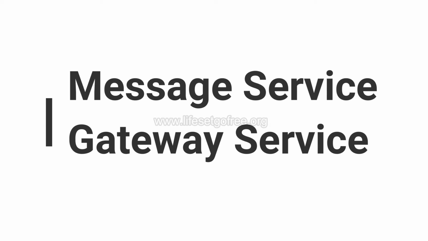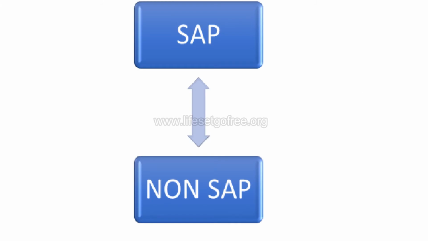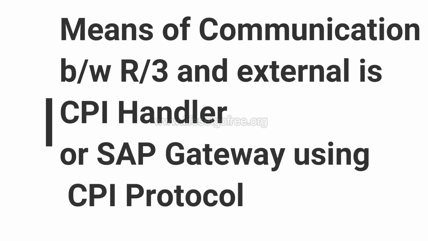What is message service? It is used by the application servers to exchange internal messages and all the system communications. What is the gateway service? It enables the communication between SAP, that is R3, and the external applications. One important point: what is used to communicate between SAP R3 and external applications is the CPIC protocol.